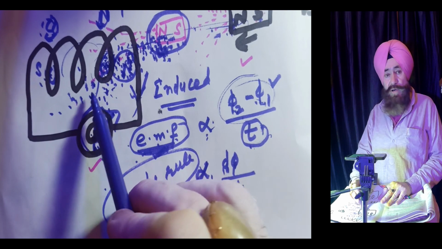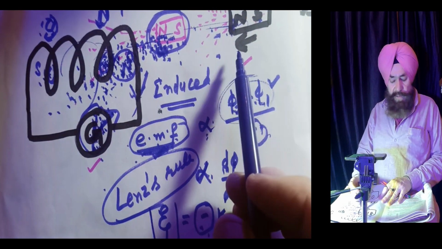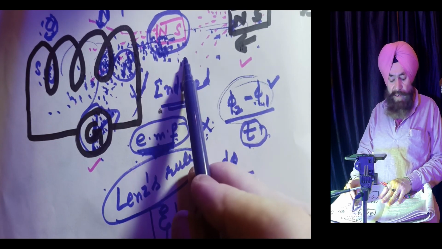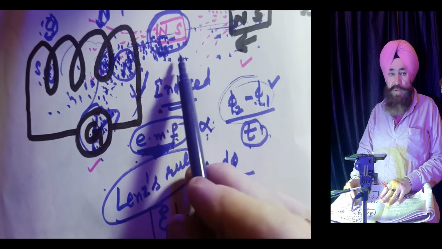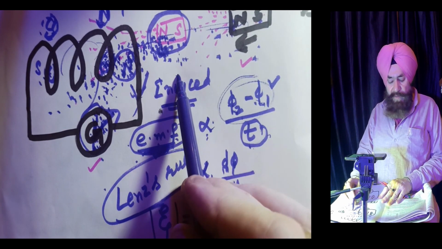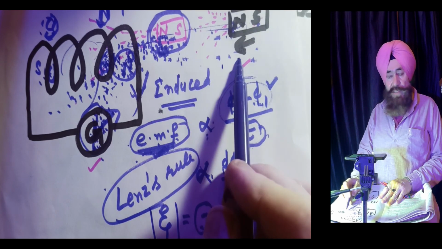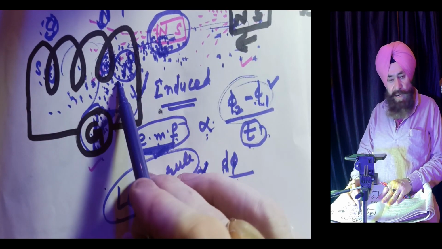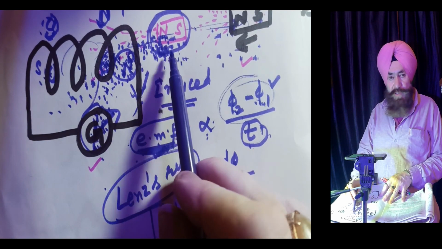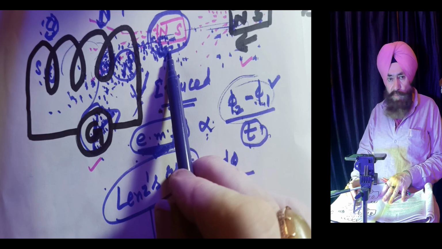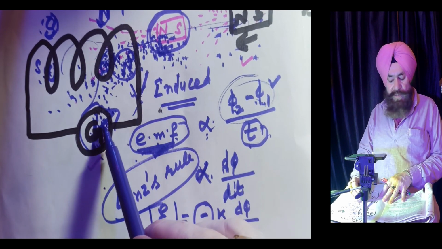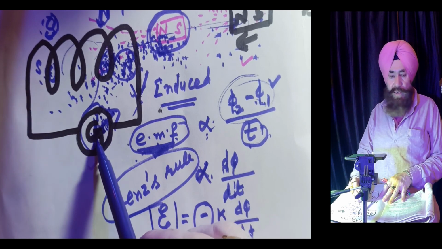So this is according to the conservation of energy. The mechanical work done in moving the magnet towards or away, or you can say moving the magnet with respect to the coil, changes into the electrical energy, producing the induced current. When we do not move the magnet, then the work done is zero, and then there is no induced current in the circuit.